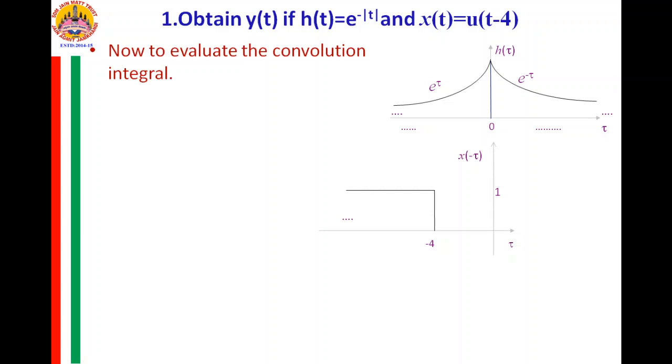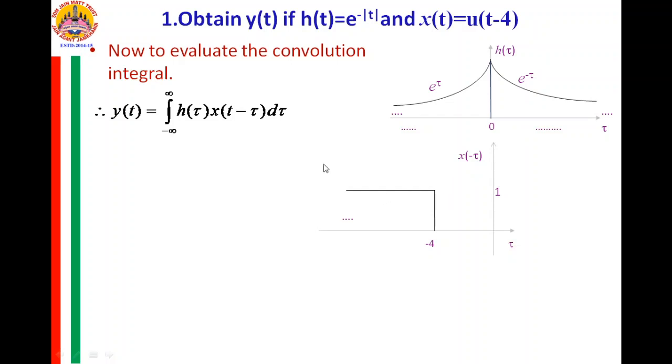We are evaluating here the convolution integral y of t is equal to integration minus infinity to plus infinity h of tau into x of t minus tau d tau. Now h of tau, you observe here, has the amplitude e raised to tau from minus infinity to 0, and then from 0 to infinity e raised to minus tau.